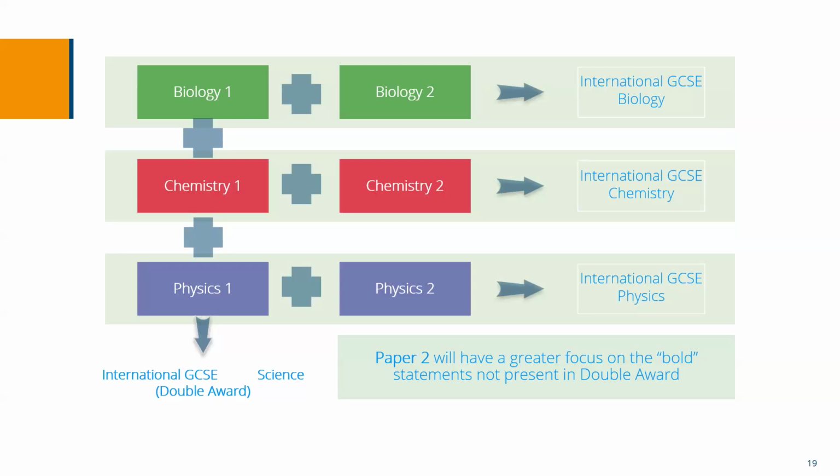Okay, so the basic structure is there for the exam, and that's why you have the bold material in the spec, because that's obviously important to whether or not you're doing double science. It makes the standards the same within the double science as within the biology or chemistry or physics.